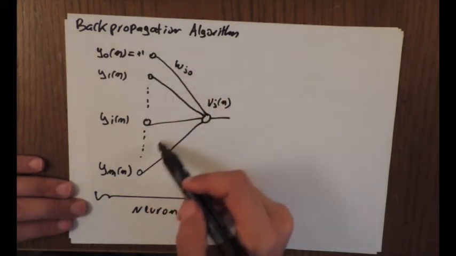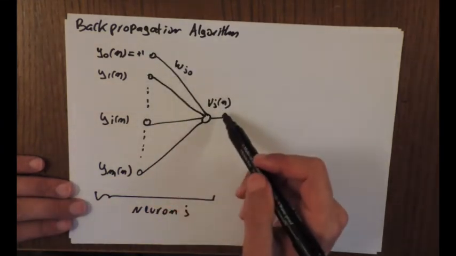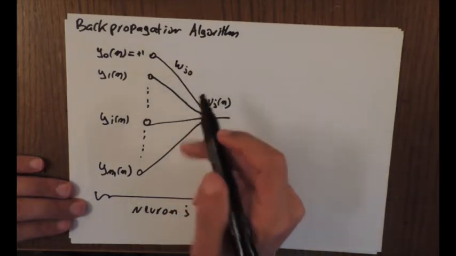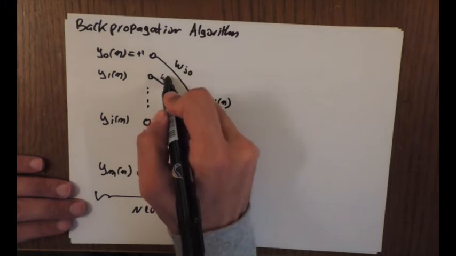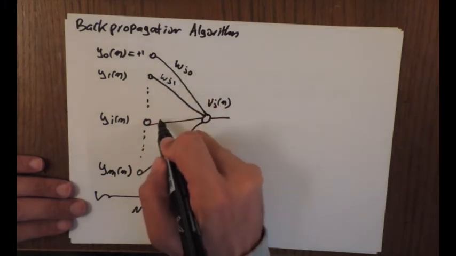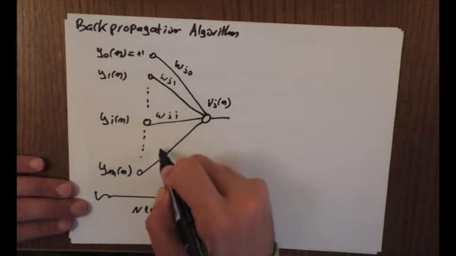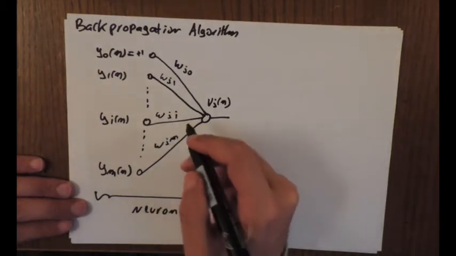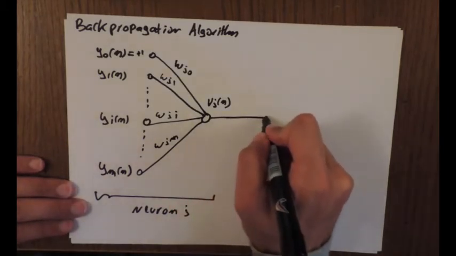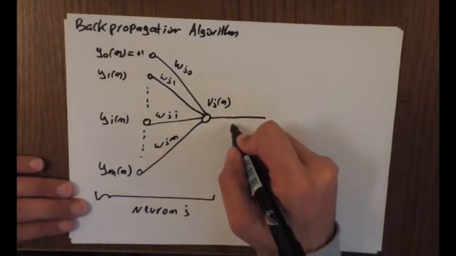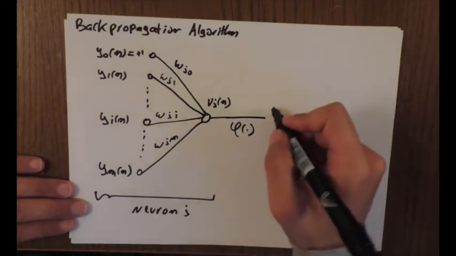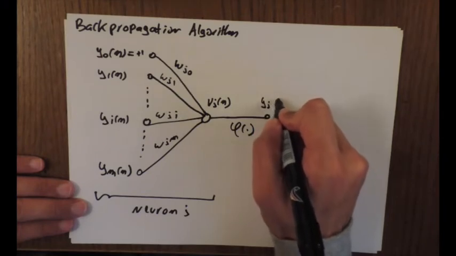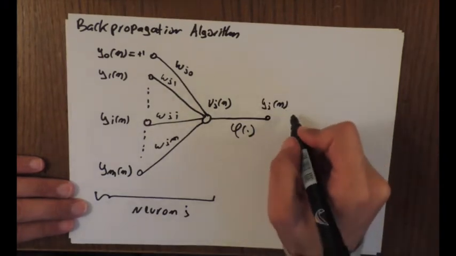So w j of 0, then w j of 1, this is w j i, and this is w j m. Then v j is applied to an activation function, and we get y j of n, which is the output.